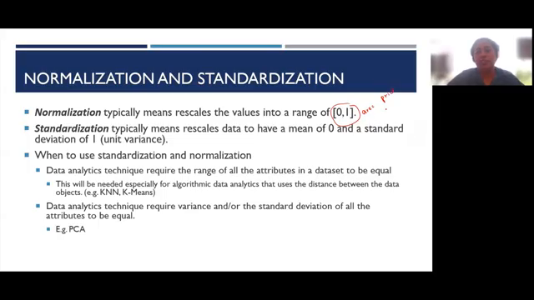Area you might give in perches, say 10 perch to 40 perch. Price might be a huge number. You can see this value is very small and this value is very large. When you run the data analysis, the large one will definitely dominate the analysis. So in that case, you scale both of these down to something between 0 and 1. That is normalization.